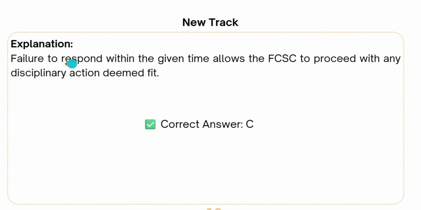The Public Service Rule explains that failure to respond within the given time allows the Federal Civil Service Commission to proceed with any disciplinary action that they deem fit. This is taken from chapter 10, section 3, paragraph 7. The right option is option C.